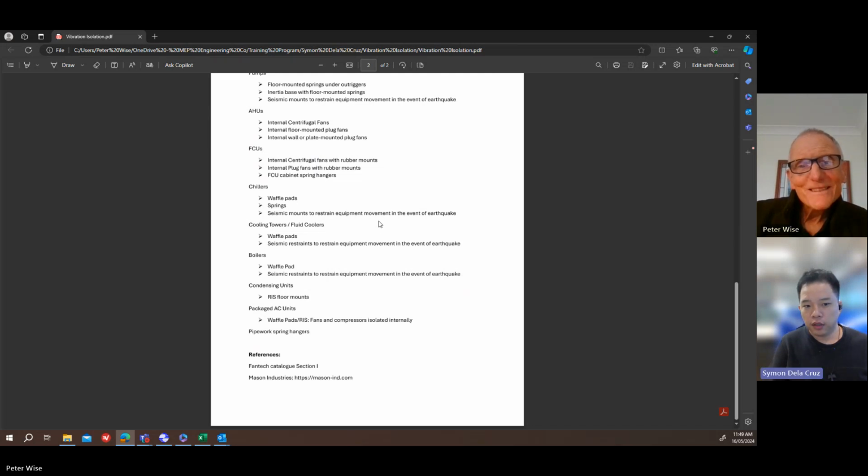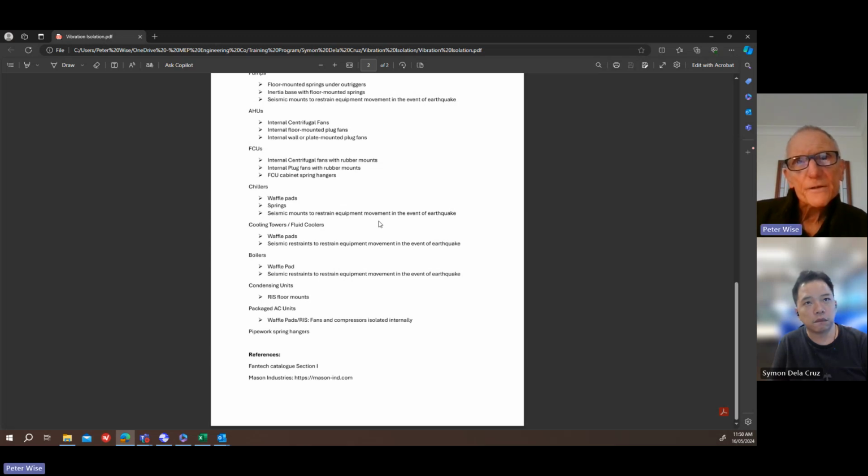No, probably the question is, how will I know if I need seismic mounts or spring? When do I need to make it seismic mounted or spring only? Well, normally it does depend on the size of the fan. Normally for axial fans, we'd probably have rubber mounts.